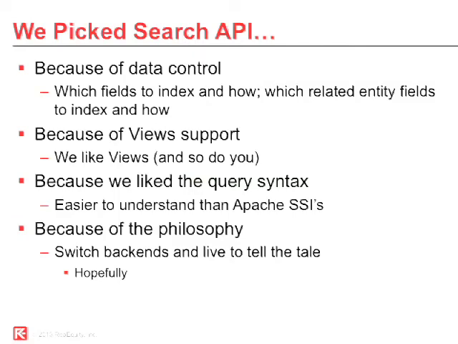So we picked Search API because of that data control. Maybe it's possible to do some of this with the SSI module as well, but if so, we didn't dig into it well enough to look at that.